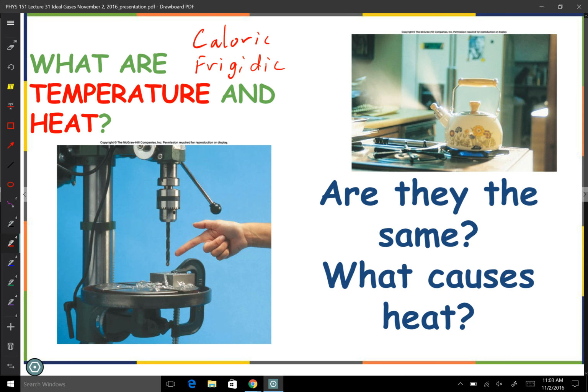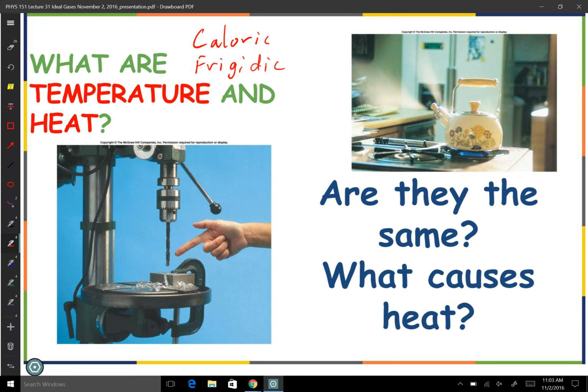The caloric was a fluid that would bring heat, and the frigidic was a fluid that would remove heat. And they believed that there must be this caloric and frigidic flowing through things if they were getting hotter or getting colder. They didn't know what it was. They did experiments and couldn't find what it was.